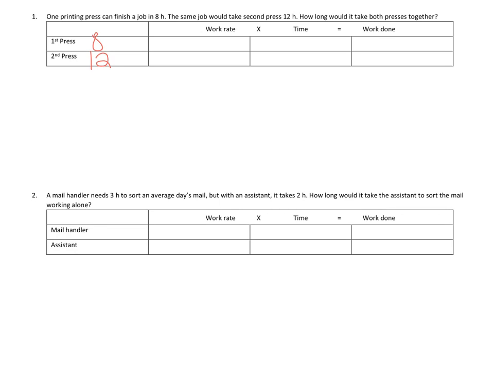Okay, so the first thing we're going to look at is this work rate. In this particular problem, the work rate is how fast each press will print in an hour. So if we think about that first press, it would take 8 hours. In 1 hour, one of those 8 hours, how much of this book would the press print? 1/8. 1/8 of the book.